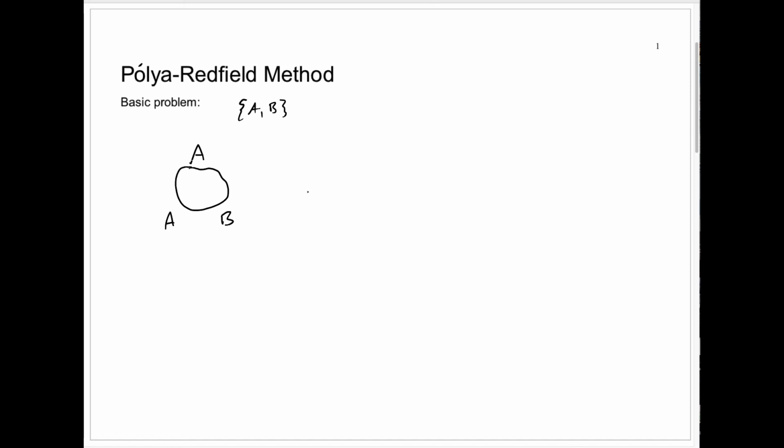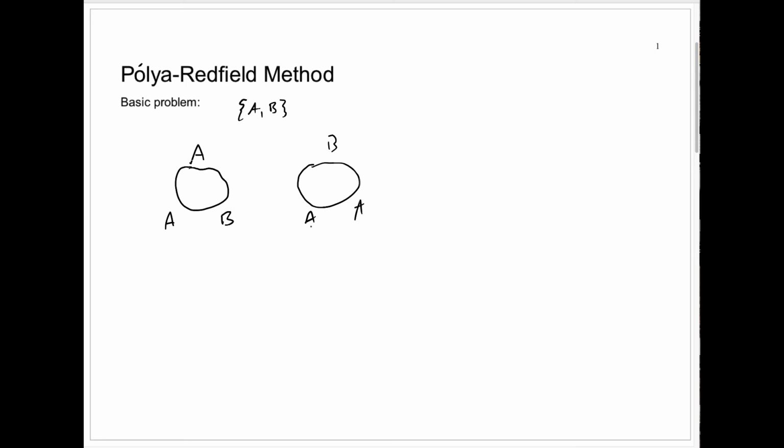I claim if you have 2 A's and a B, this is really the only way you can seat the 3 people around the table, because it makes no difference if you write it as B, A, A. This second method is just a rotation of the first. As far as anybody at the table is concerned, if you're person B, you have people A on your left and on your right.